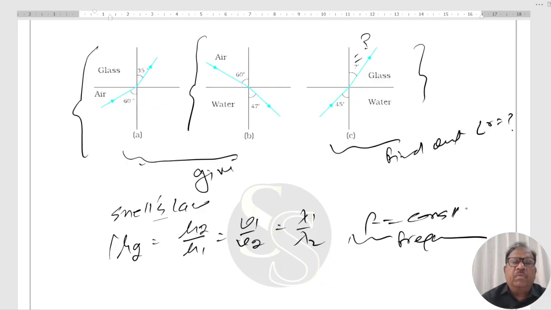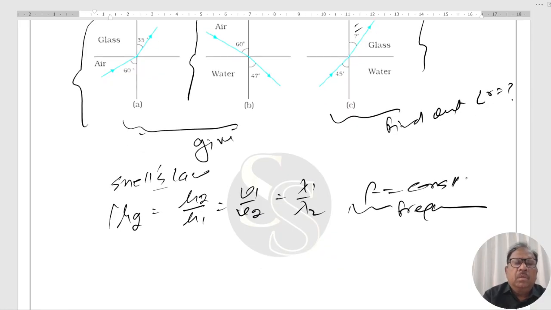Now in this case, figure A is from air to glass.